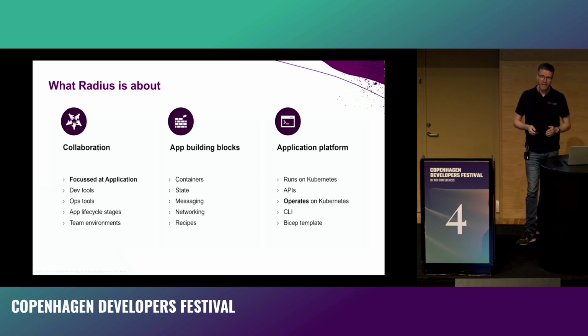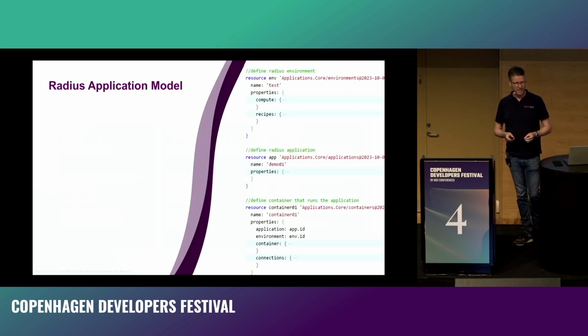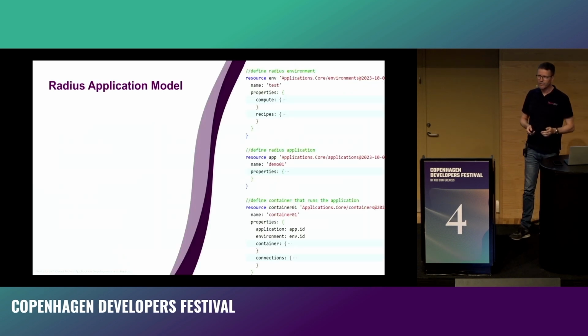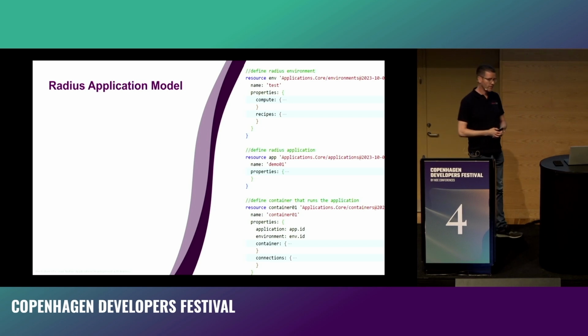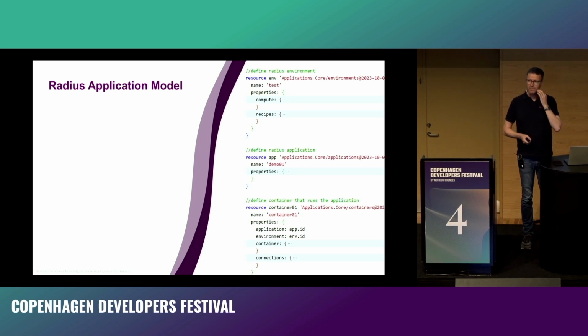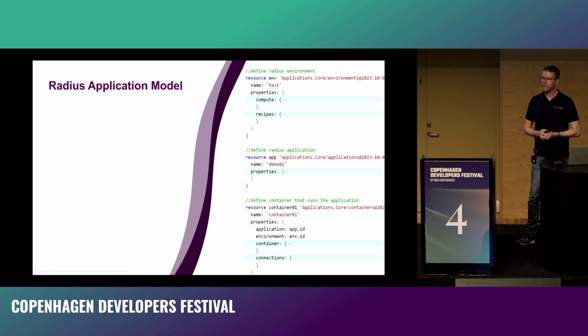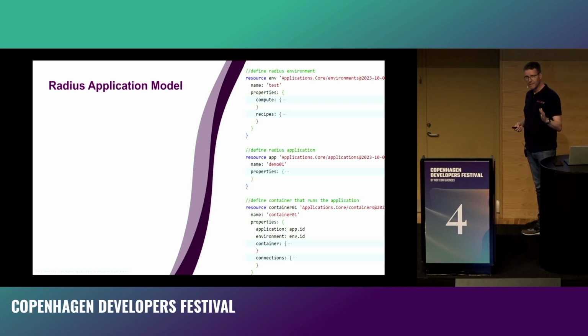The way you run an application on Radius is by using a Bicep template. And if you are a Microsoft-oriented software person or an architecture person, then you think, Bicep, that was for Azure resources, wasn't it? Well, that's no longer the case.